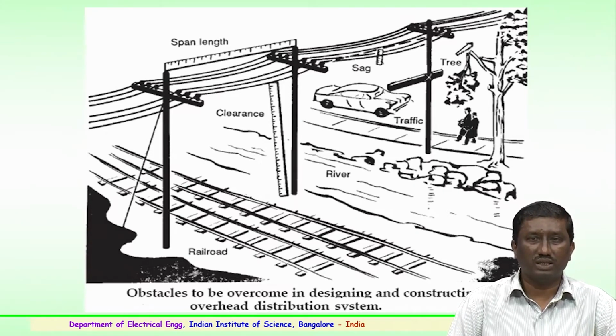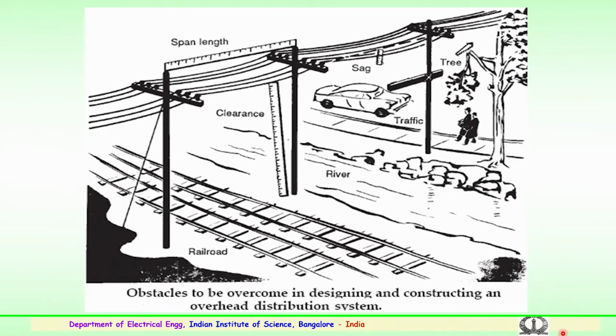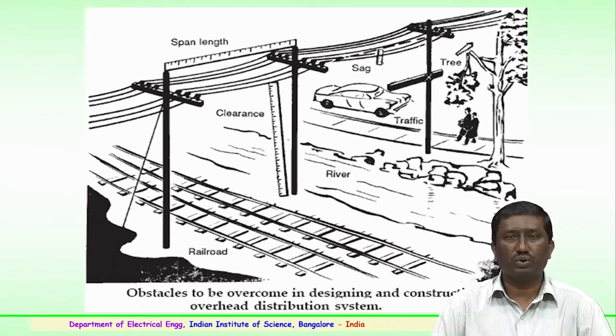As per international and national standards, various specifications are laid down for the minimum clearances to be maintained in the case of rail transport, the river or normal traffic, apart from the electrical clearances for the tower.